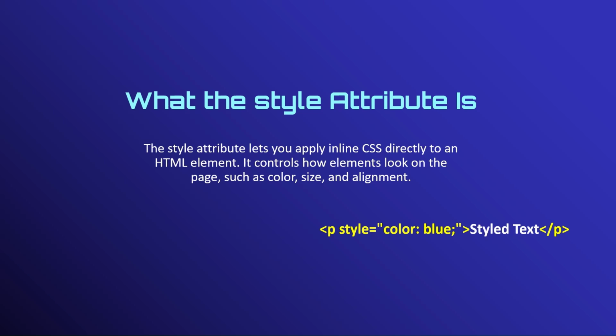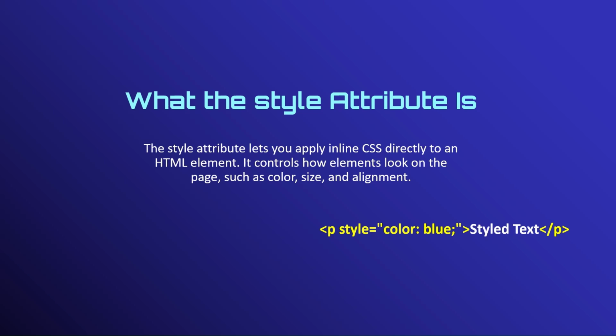But in this case, when it comes to styling, we have an inline styling. Here we can see an inline styling of the P tag that has the HTML style attribute, and in this style attribute we have this to be the property, and we have blue to be the value. So whenever you are styling any HTML element, you will always have this as the property and this as the value.